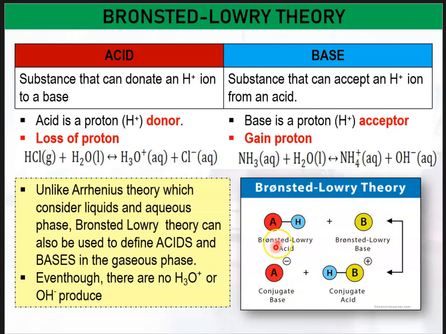Okay, so Bronsted-Lowry acid donates the hydrogen to a base, while base receives proton or hydrogen ion from an acid. Okay, so that is the Bronsted-Lowry theory for acid and base.